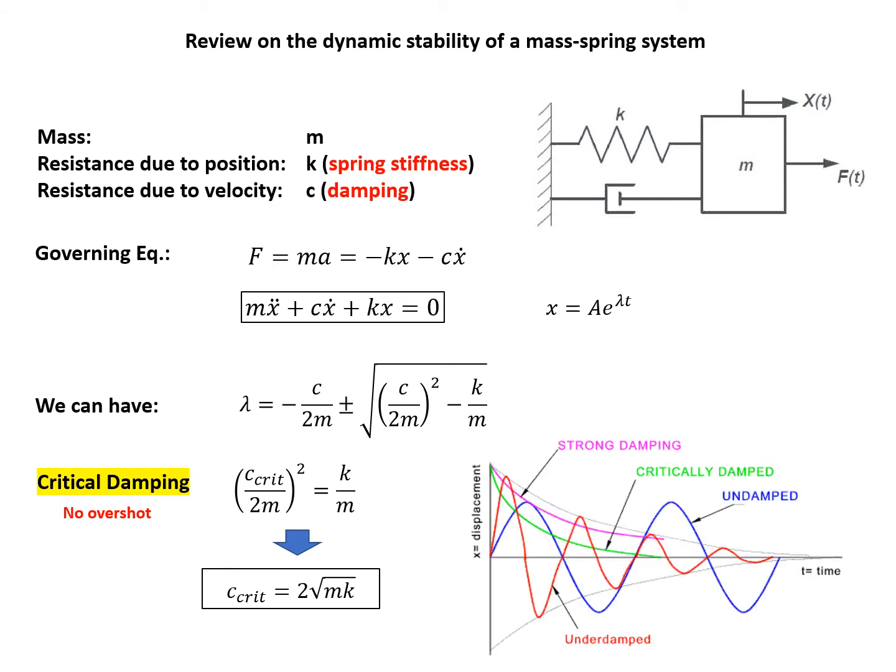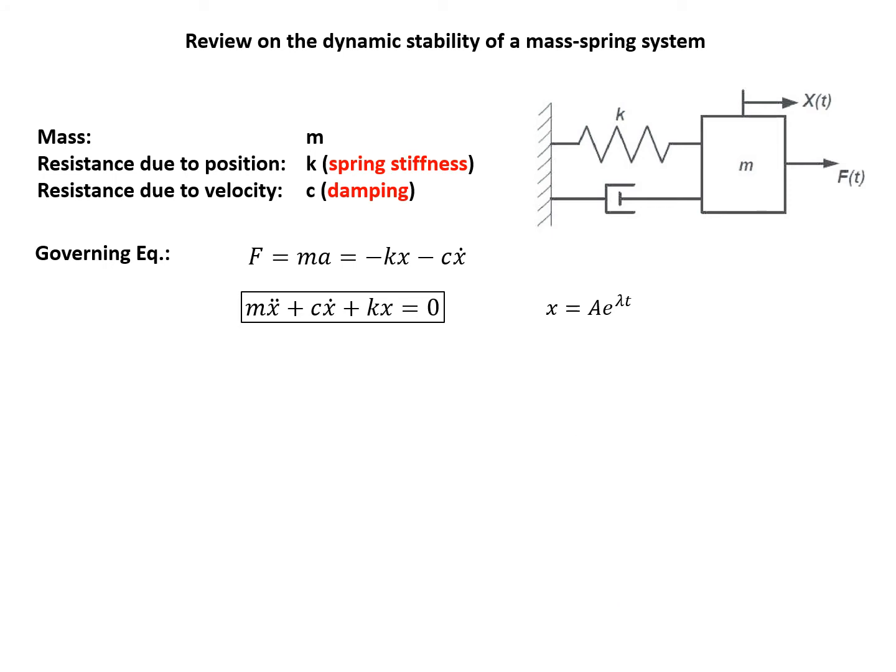If I introduce a plot here, it's easier for you to understand what critical damping is, and it's indicated by the green curve. If you compare the green curve with the red one, we see there's overshoot in the red, but for the green one there's no overshoot, and it just approaches the original or initial location.